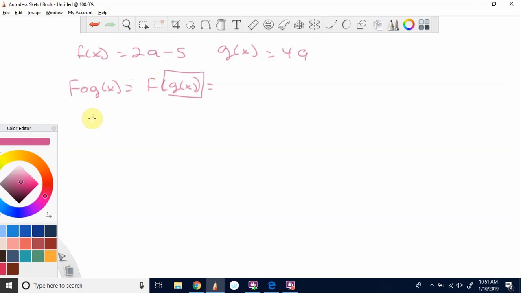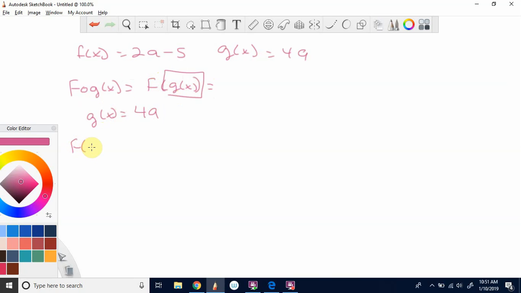But if you look at B, this is what we're used to doing. They give us f of x equals 2x minus 5 and g of x equals 4x. The first thing I want to do is find f of g of x. If you write it this way, it becomes a little bit easier. We start with the inside, by order of operations, g of x, which equals 4x.